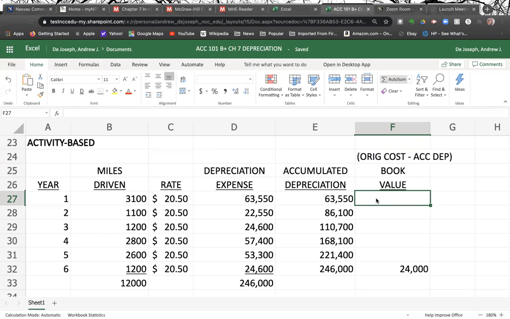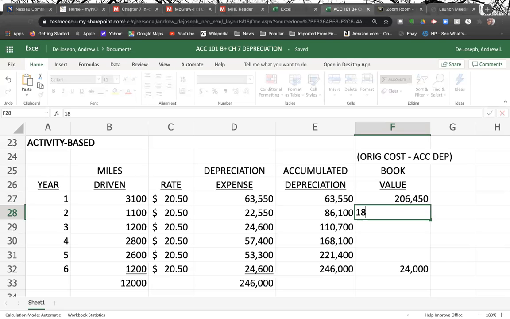So 270 minus 63,550. 206,450. 270 minus 86,100. 183,900.